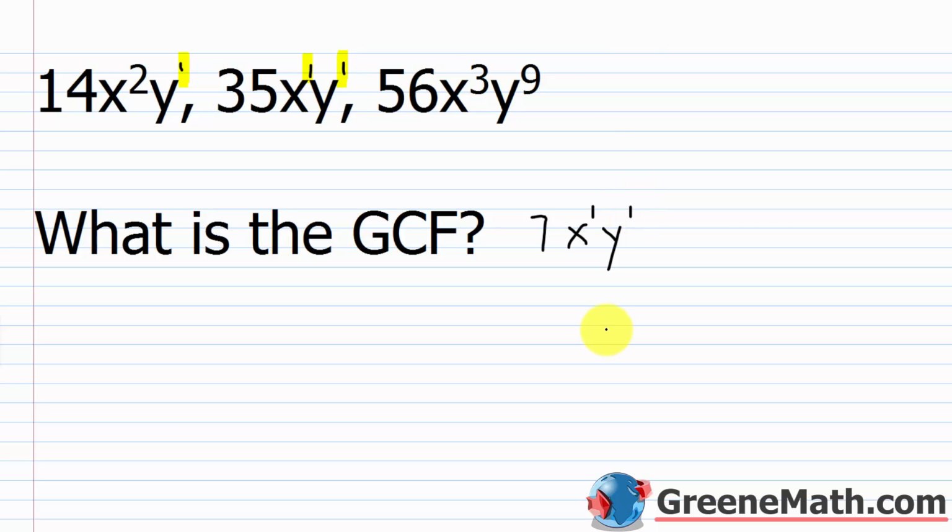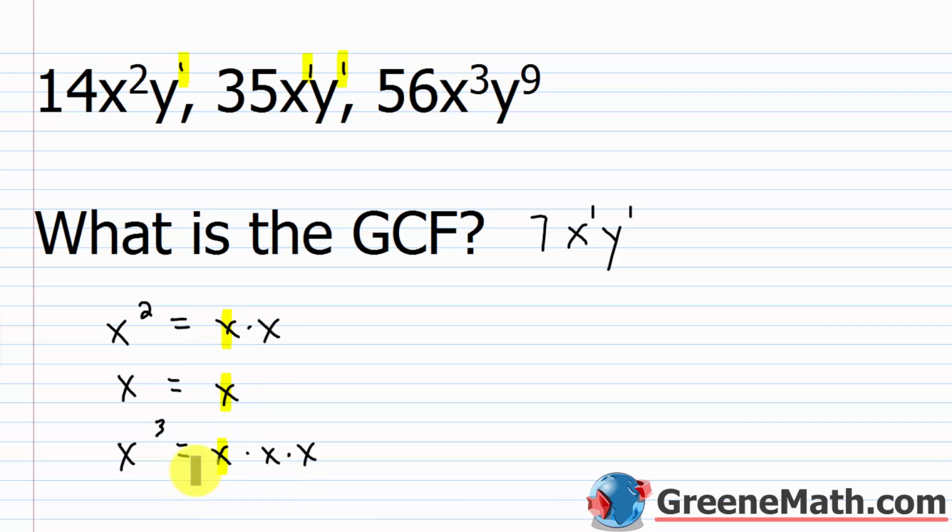Now, why does that work? Well, if you think about it, the smallest exponent is the least number of occurrences of that variable. So if I was to write this out like I do with the numbers, x squared is x times x. X to the first power is just x. And x cubed is x times x times x. So what's common to everything? This has an x, this has an x, and this has an x.